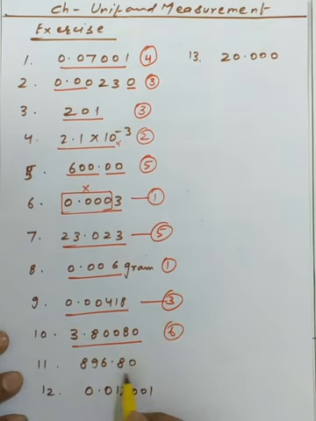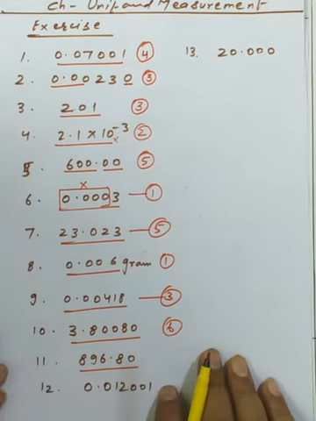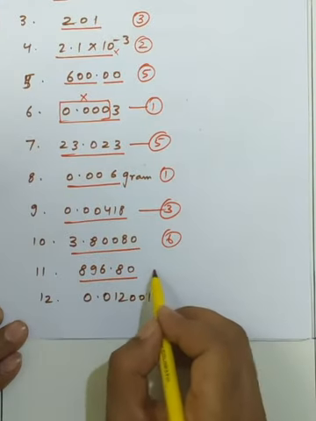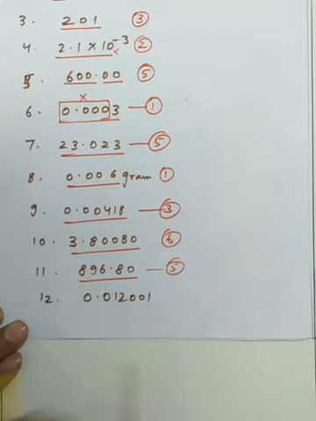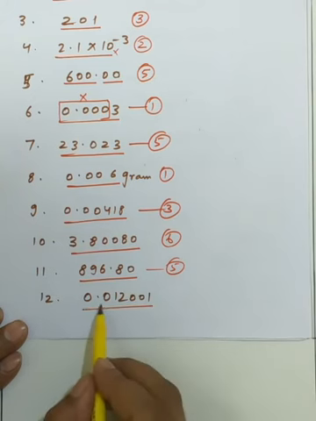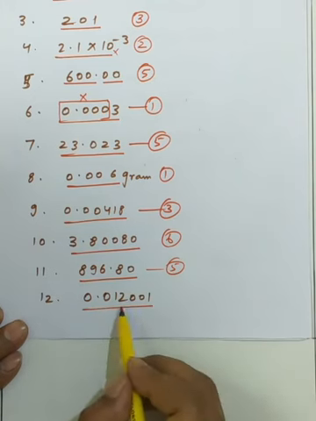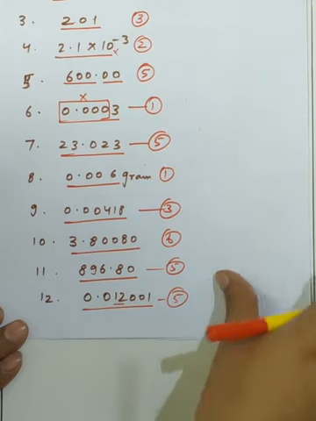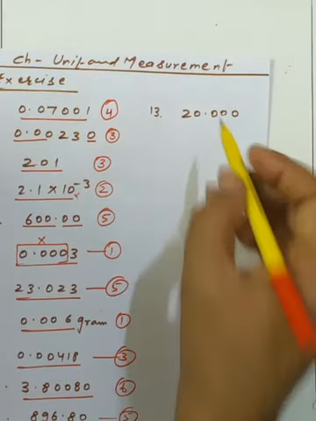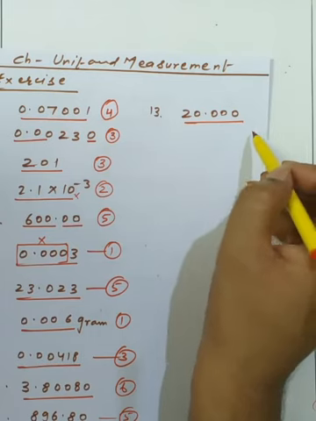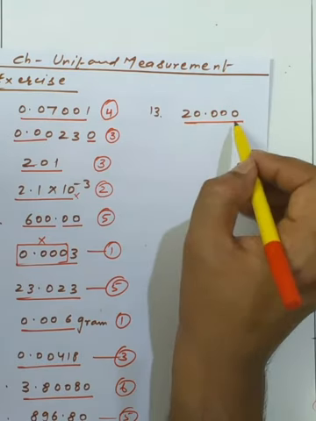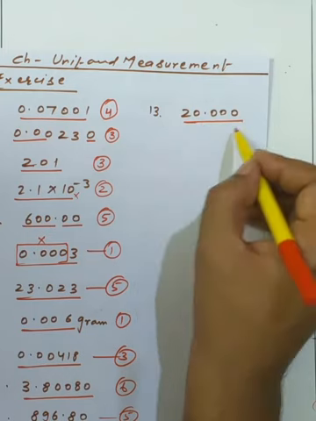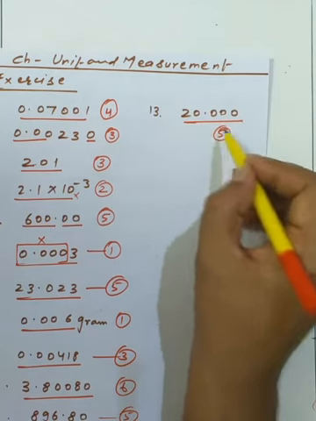Now the number 896.80 has 5 SF. Now 0.012001 has 5 SF. Now suppose the number given is 20.000. After the decimal, the trailing zeros are countable as SF, so we have a total of 5 SF.